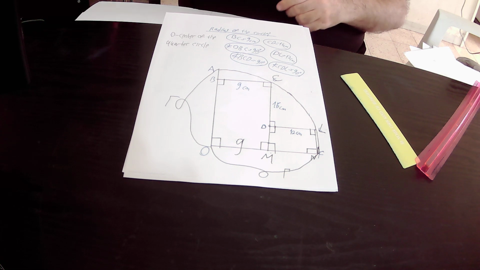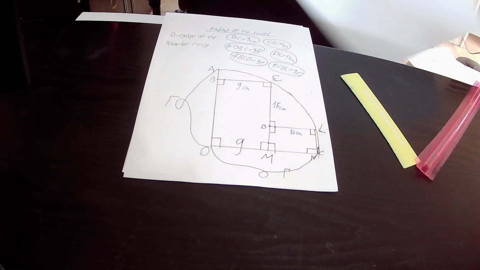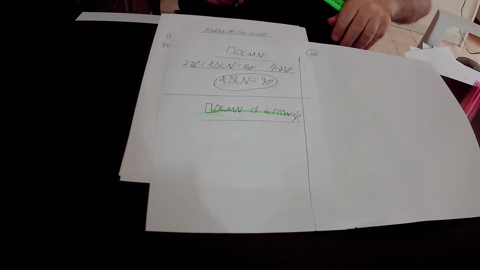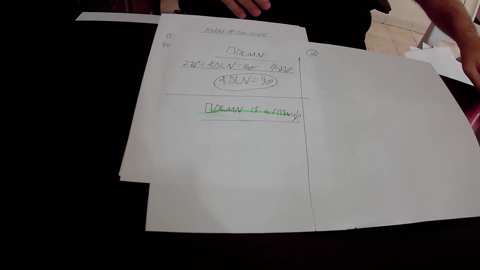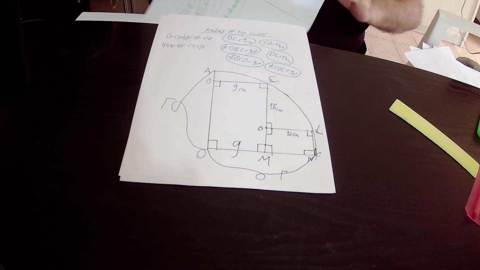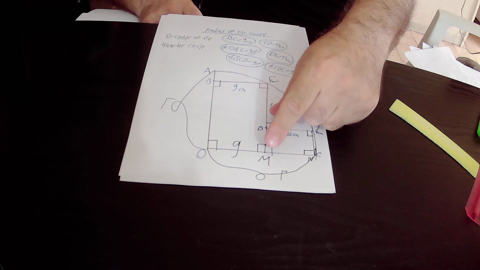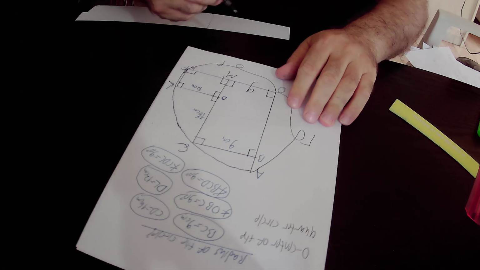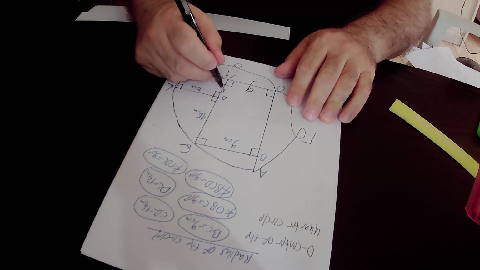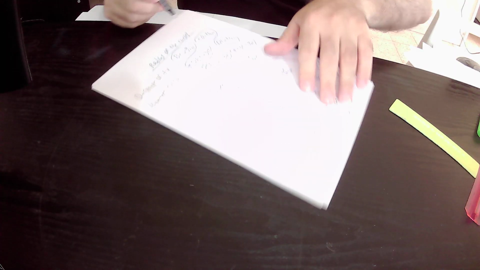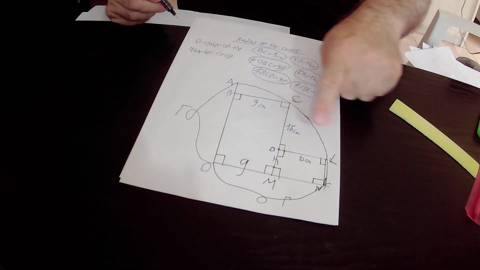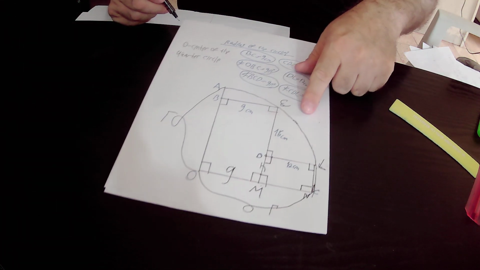I repeat again, quadrilateral DLMN is a rectangle because it has 4 right angles. And we know that the opposite sides of a rectangle are equal to each other. So we define side DM as H. Side DM equals H according to our definition. So the opposite sides of rectangle DLMN are equal to each other.